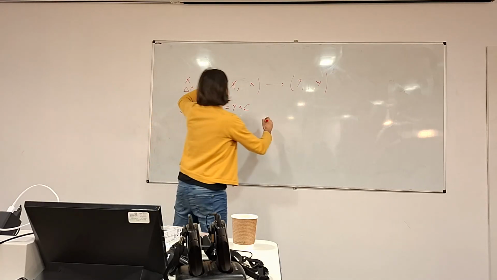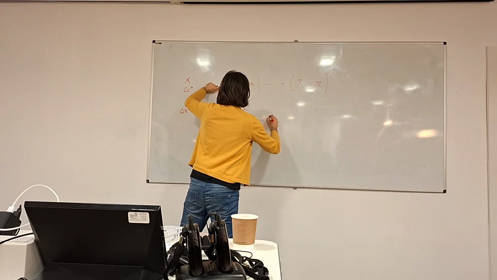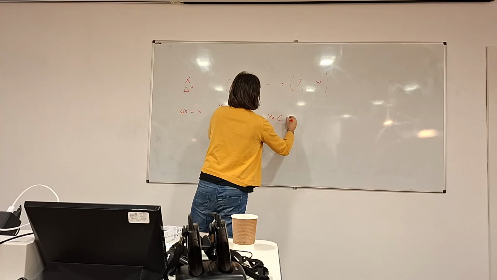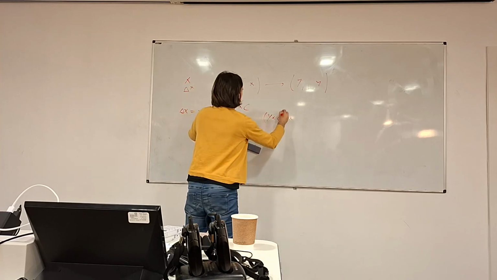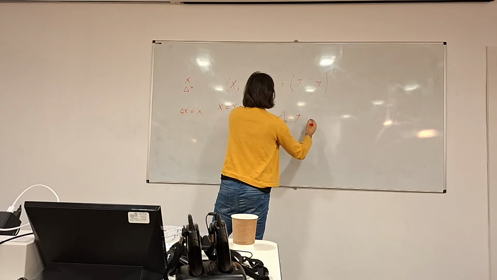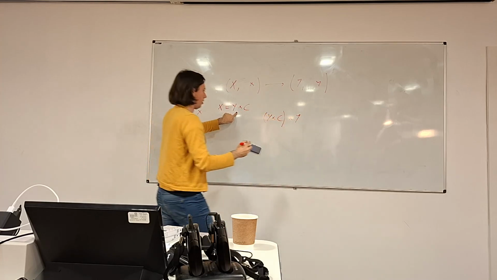And then we need a function from x, so x is y times c, times y, so that's the old value times a new value of the y part, and then we need to give a new value on the whole.